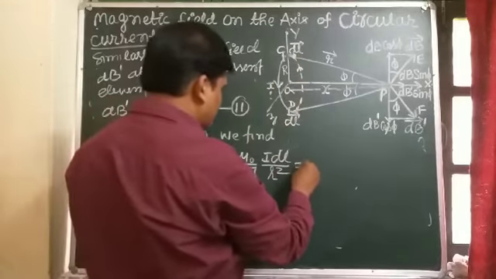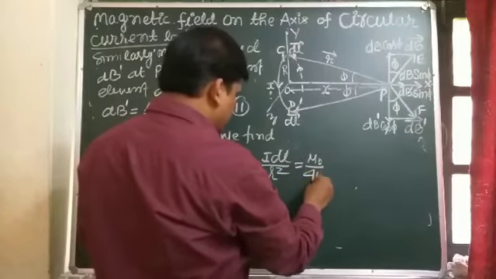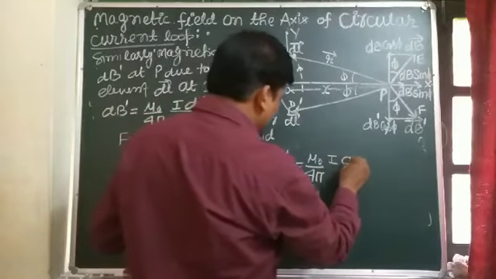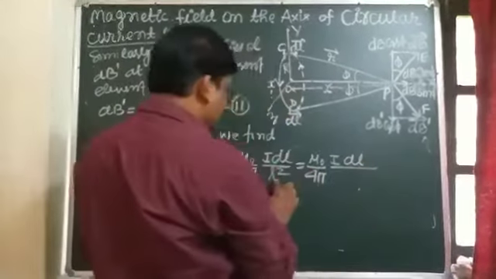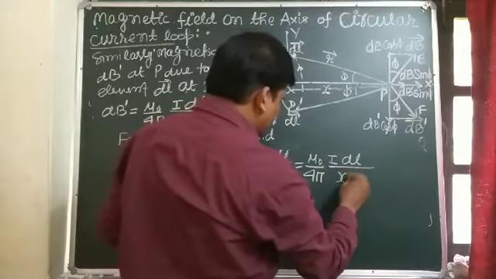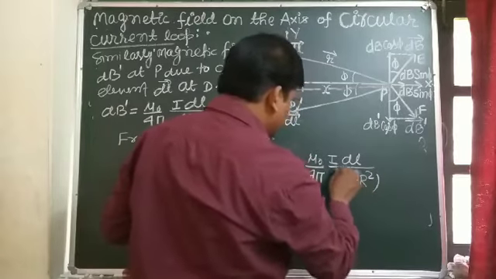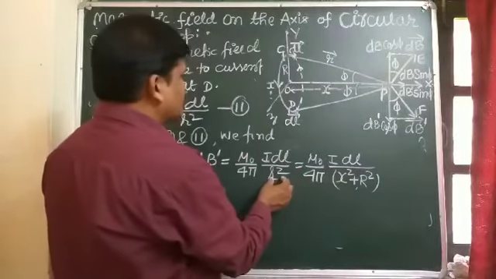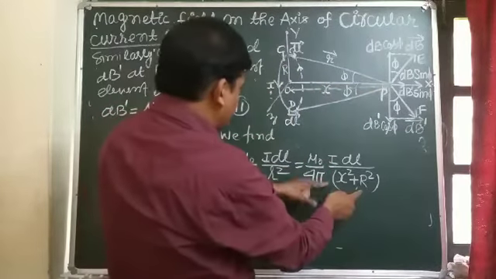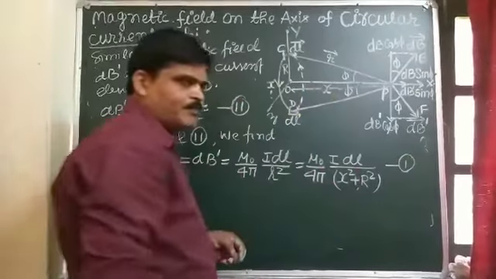So by the diagram using Pythagoras theorem, mu naught 4 pi I dl as it is, and r square can be written as x square plus r square.